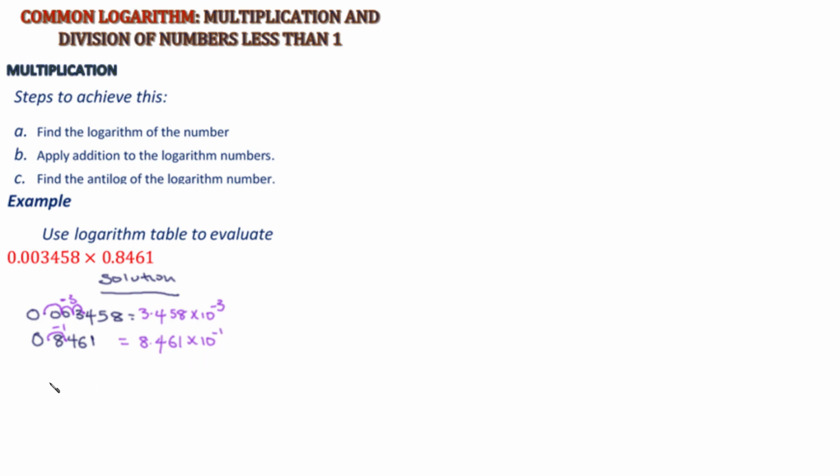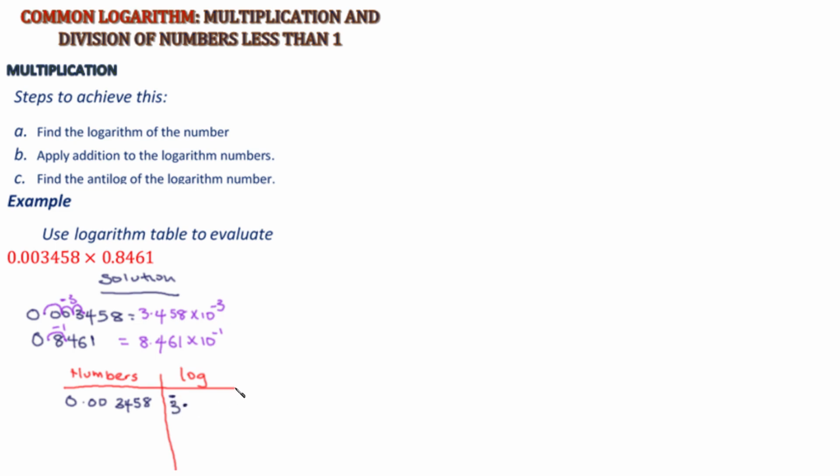Now, after that, let's draw our table. In our table, we have number and log. This table will help us solve things effectively. Now, bring down the first number, 0.003458. Here you bring down the integer for the first number first, minus 3. This is 3 bar point.